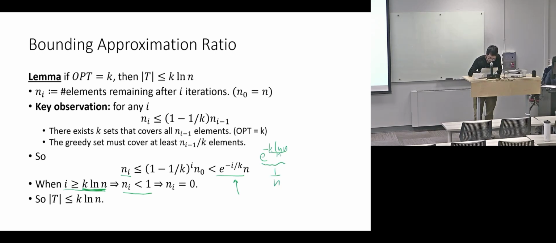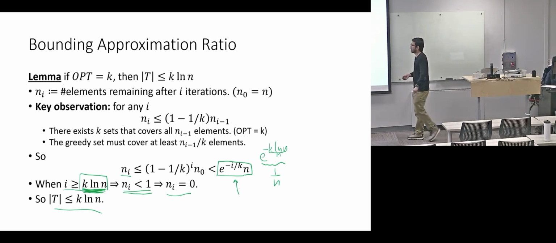So after this iteration, Ni is less than 1, but Ni is an integer, so it must be 0, meaning that you have covered everything. So there are just k ln n iterations, and your solution must have size at most k ln n.